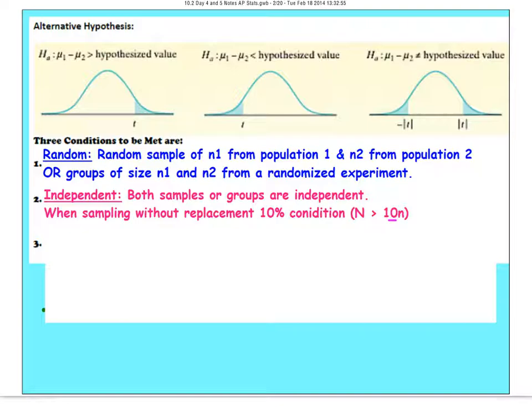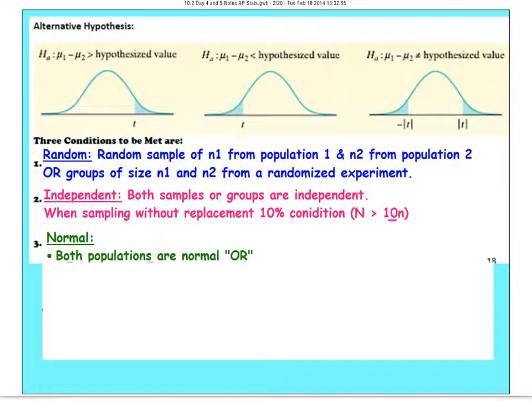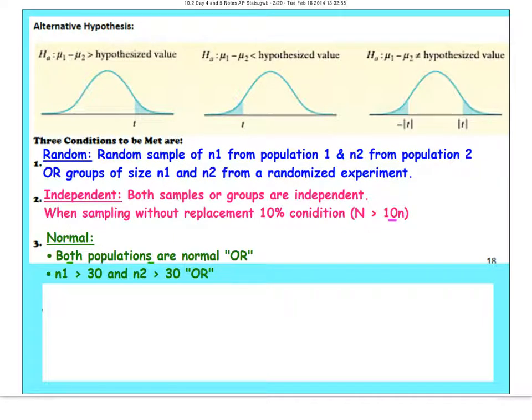And then for normality, remember there are different levels of normality. If they are pulling from populations that are normal, then we know our samples are normal or approximately normal. If they meet the central limit theorem, where each sample is greater than or equal to 30, then we know by that the samples are approximately normal.